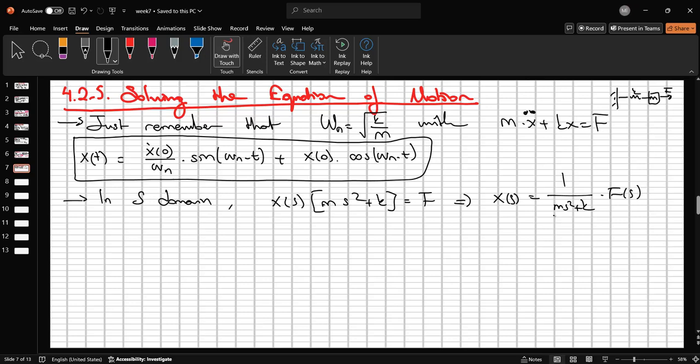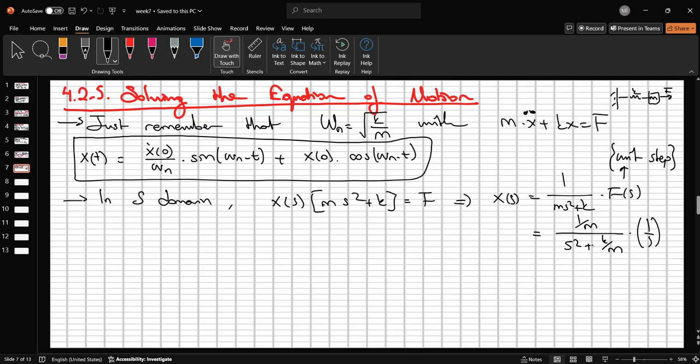And after that we can write this equation just like this one. If we divide every part, numerator and denominator, by m, we will have 1 divided by m, over (s squared plus k divided by m), times F(s), because it must be equal to the unit step signal in here. Okay?